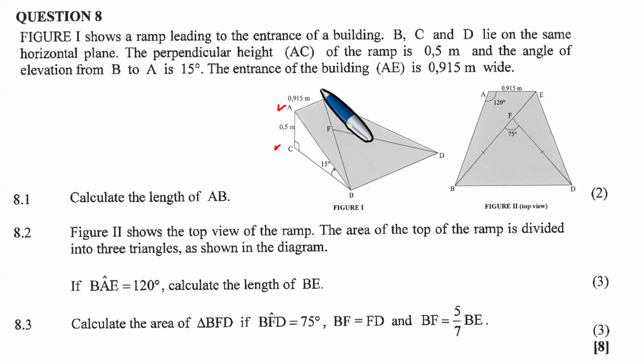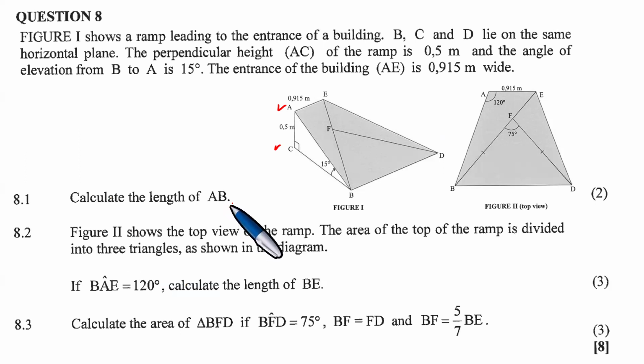The entrance of the building, AE, is 0.915 meters wide. Calculate the length of AB.